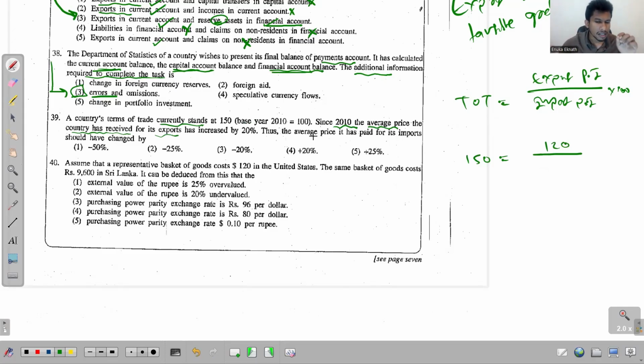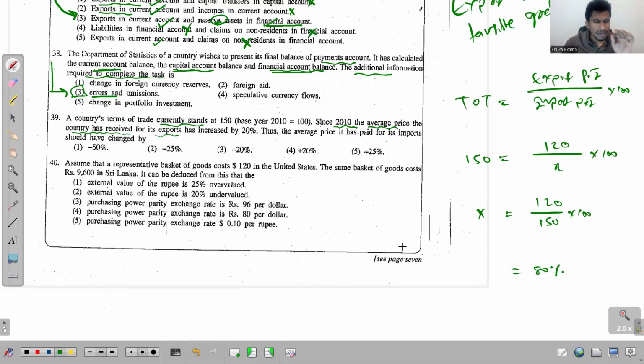Then they ask, thus the average price it has paid for its imports should have changed by which one of the given percentages? Okay, we can calculate that. So for the time being, just take this import price index to be X and find that X. So 120 over 150 multiplied by 100, and this will give us the value 80%.